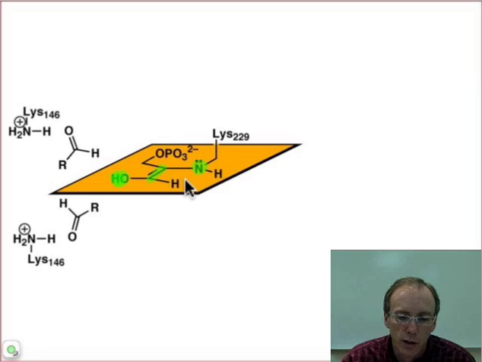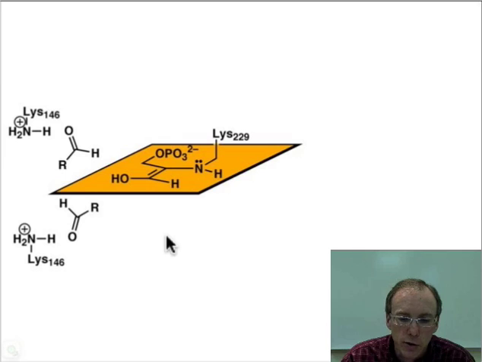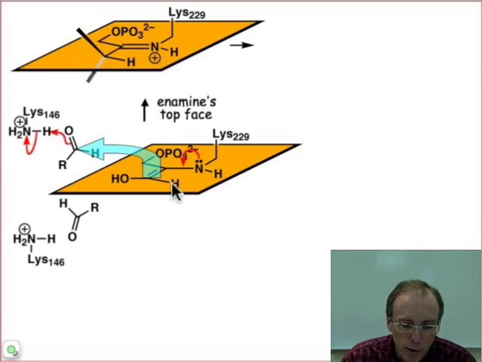I must tell you what the configuration of the enamine is in order to go through the analysis and say, is it the top face or the bottom face? Alright, let's assume that this is the configuration, and let's do the top face attack, and we're going to leave the hydrogen atom as a point of reference. We're going to leave this hydrogen atom in the plane, and we're going to rehybridize, change the geometry here from planar to tetrahedral.